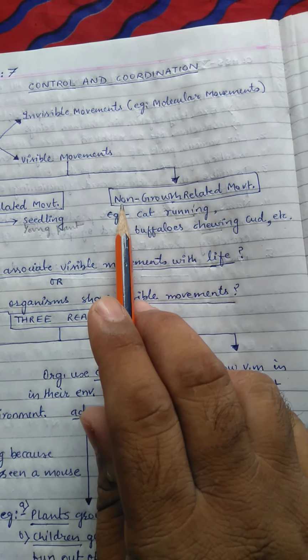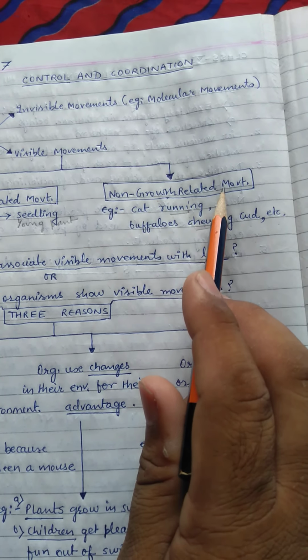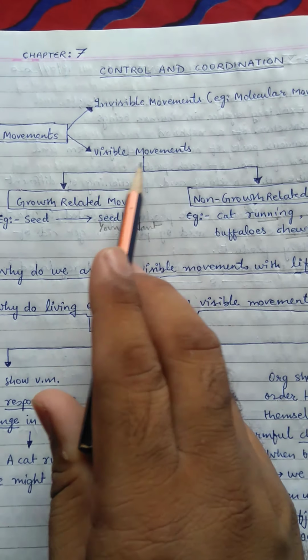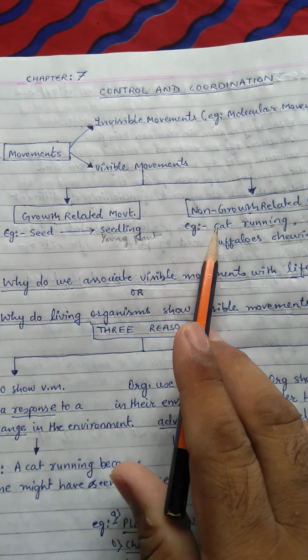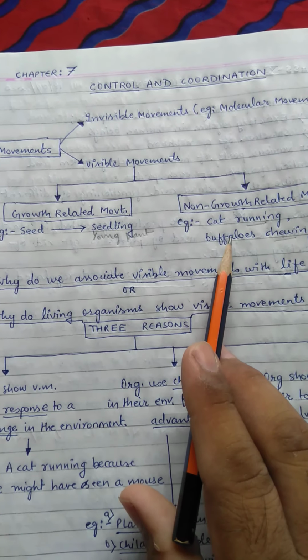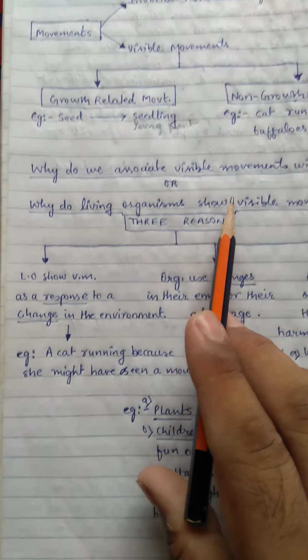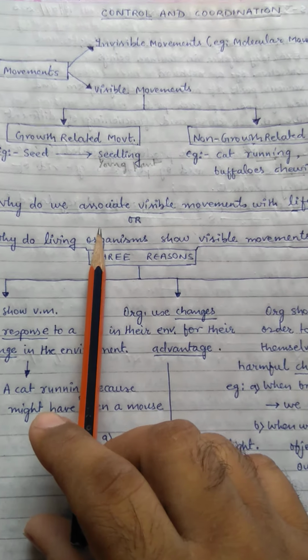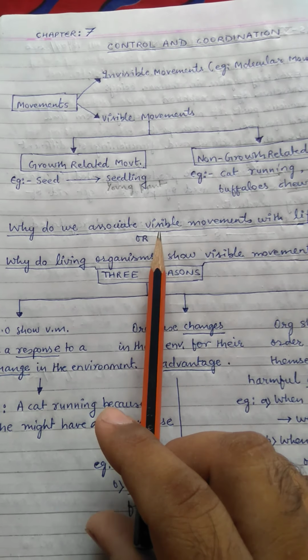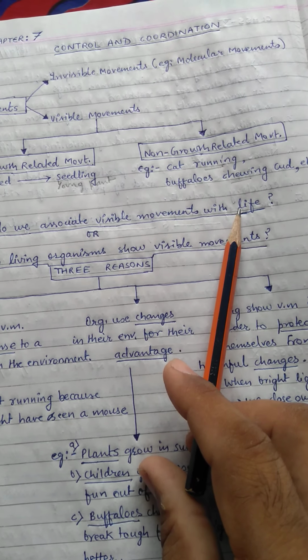Hence, they are said to be non-growth related movements. So in general, visible movements are of two types: growth related movements and non-growth related movements, and these are the examples. Now the next paragraph is about the relationship between the visible movements and the living organisms.